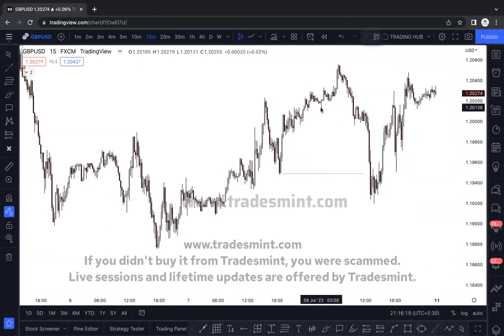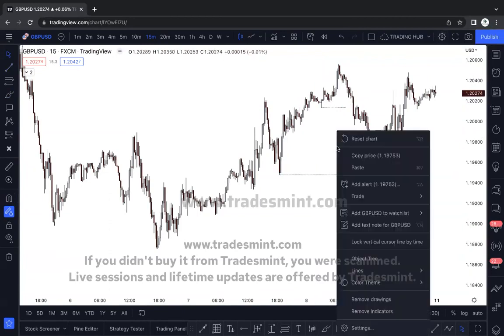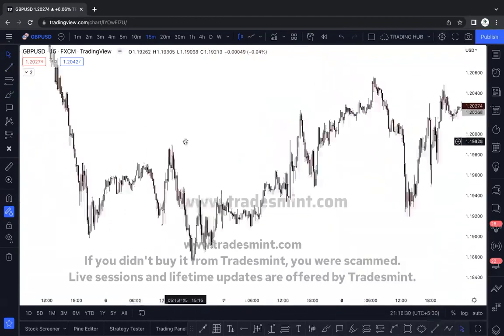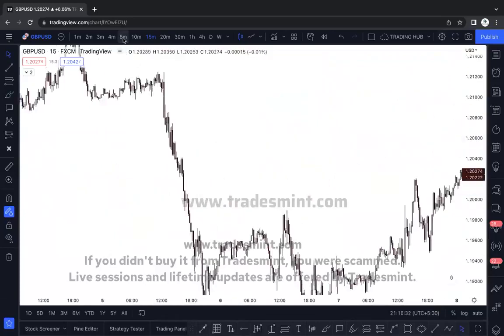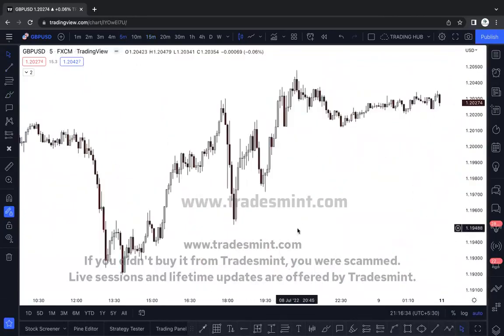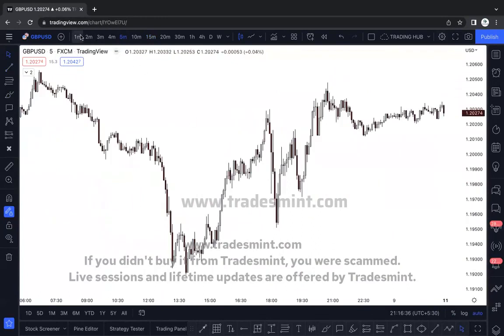When market broke this low, we can sell till this level. And when you're selling, that's on the lower time frame, correct? The 1 minute.